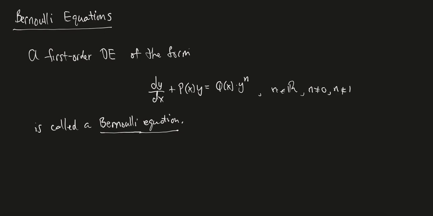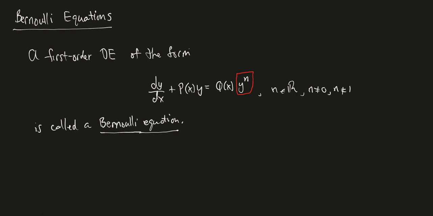So we're going to define a Bernoulli equation to be one in this form, where the left-hand side looks like the left-hand side of your linear differential equation, but the right-hand side has this additional factor that makes it non-linear, if we rule out n being equal to 0 and n being equal to 1.